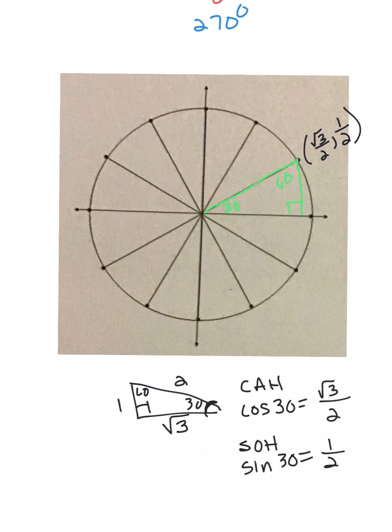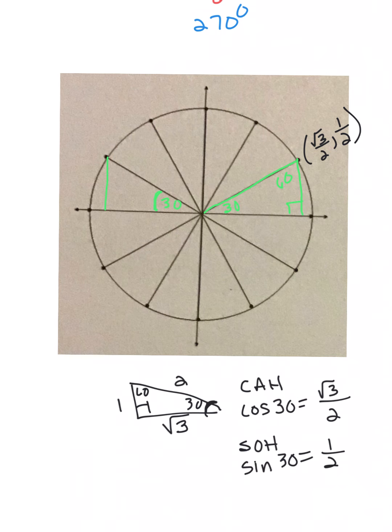If we go over into quadrant 2, we have a reference angle of 30 degrees again. So we could create another 30, 60, 90 triangle over here.